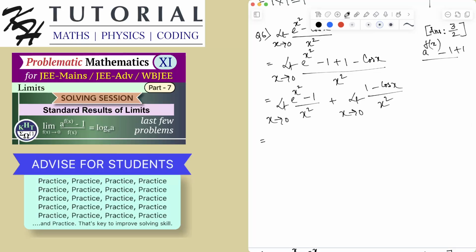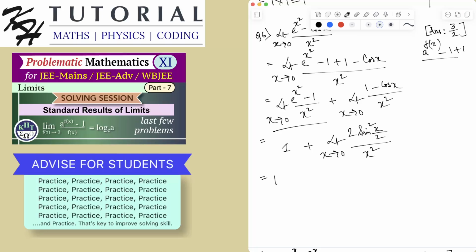The first factor is 1, because fx over here is x square, which will tend to 0 when x is tending to 0. So this is 1 plus the limiting value as x tends to 0 of 2 sin square x by 2 divided by x square.